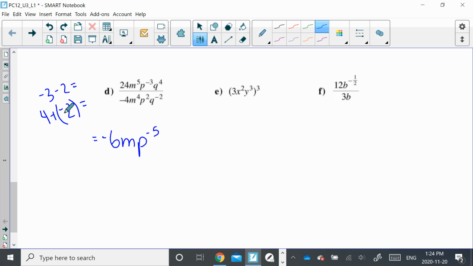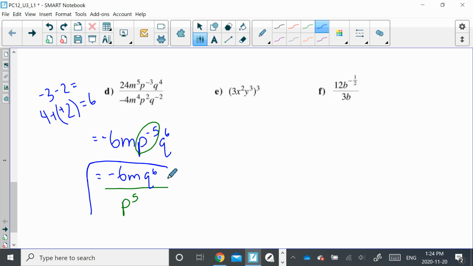When you have two negatives, it becomes a positive. That would be Q to the 6. This is equal to negative 6m. This variable with the negative exponent must go to the denominator, and then Q to the 6 gets to remain where it is.